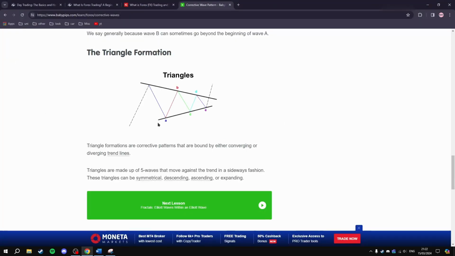The trend lines are these solid black lines. Triangles are made up of 5 waves that move against the trend in a sideways fashion.